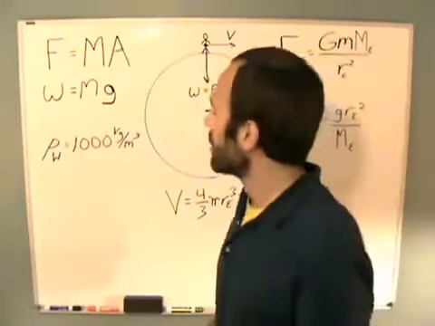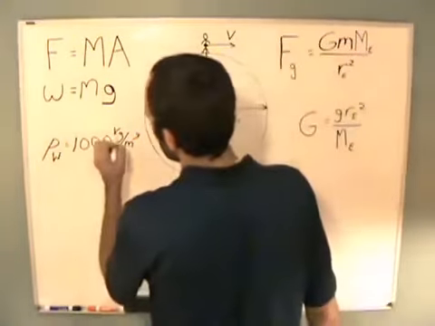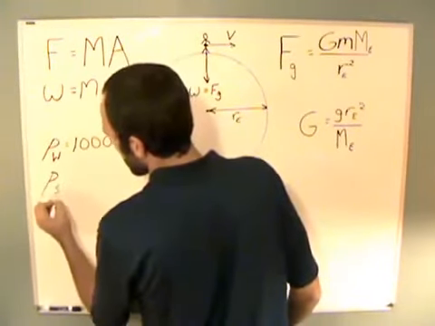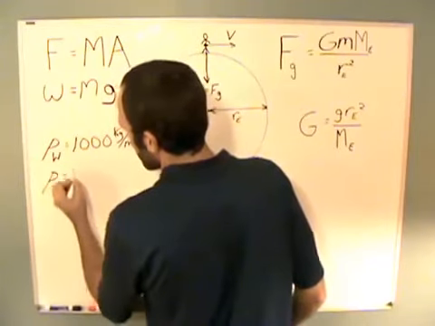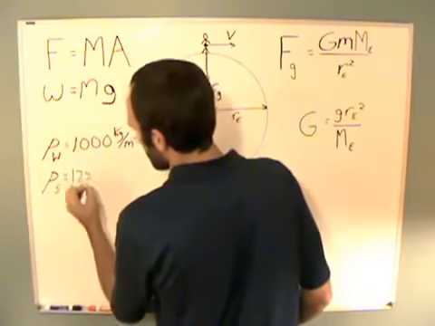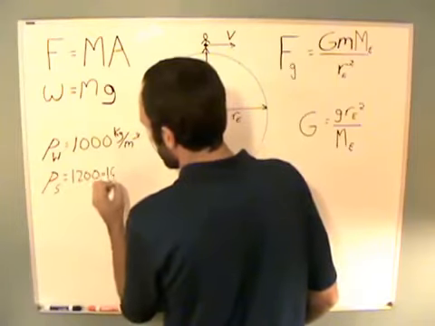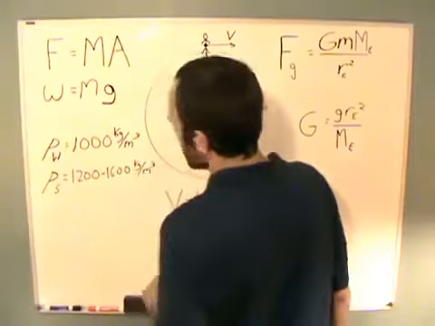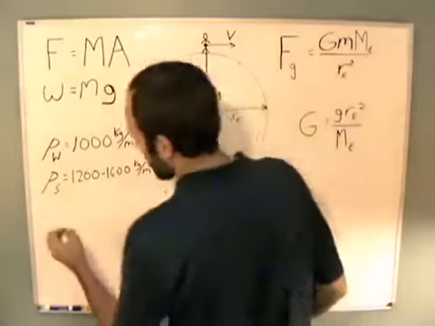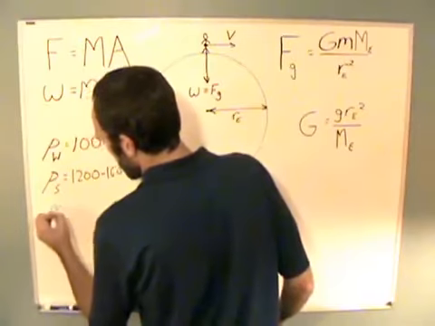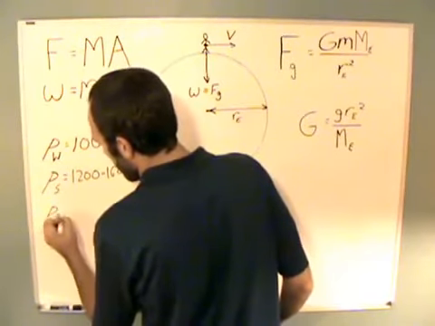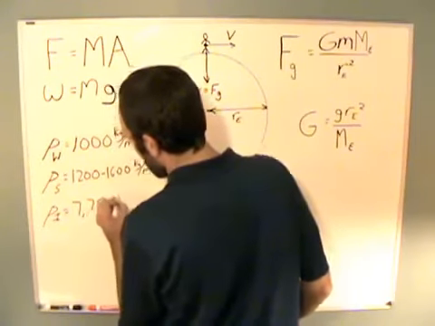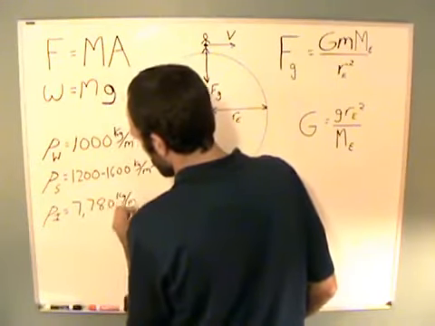Okay, so you definitely know the density of water back then. You definitely know the density of, let's say sand and soils, which is roughly 1,200 to 1,600 kilograms per meter cubed. And they definitely knew the density of iron, because they were building things out of iron a long time before that. We'll call that rho I, and that is equal to 7,780 kilograms per meter cubed.